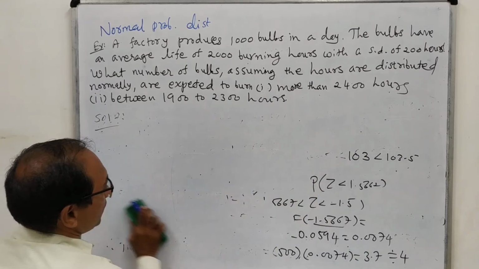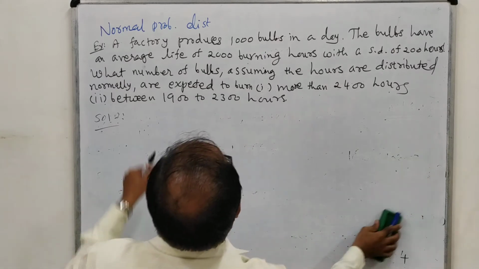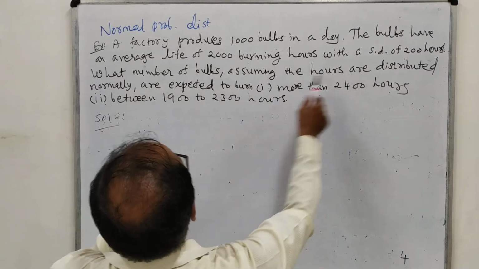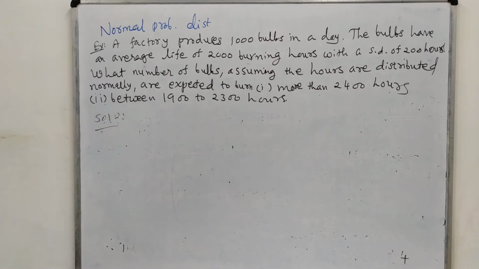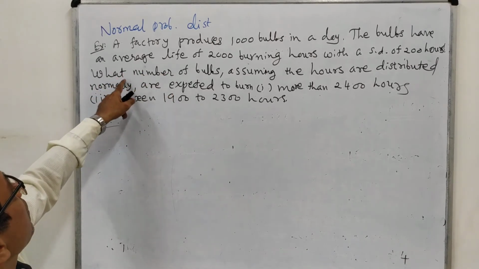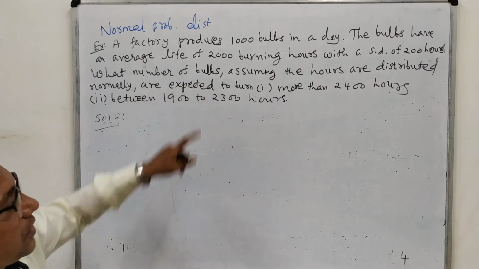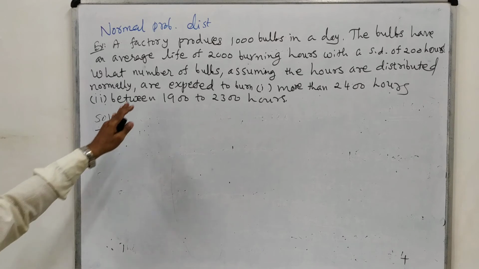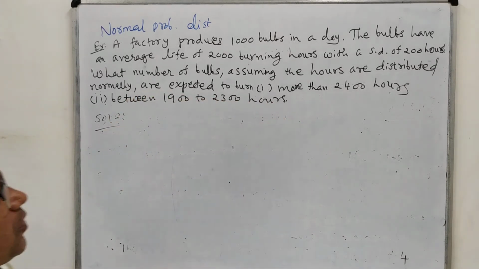Okay, so here you read the question. It is very simple. Actually, the solution is simpler than this statement of the problem. Here the distribution is normal. It is given directly: assume that the hours are distributed normally. So now what do we want to find out? We want to find out what number of bulbs are expected to burn more than 2400 hours.